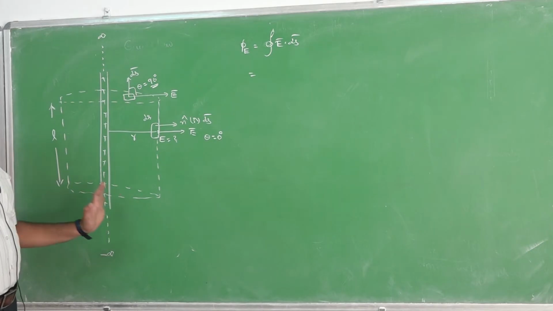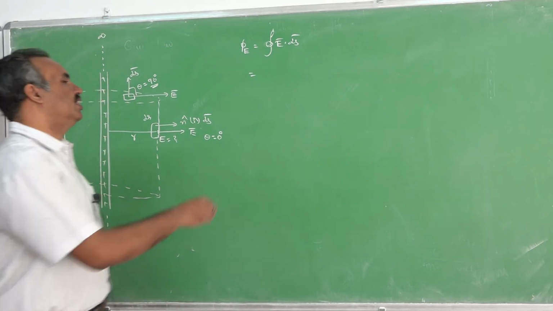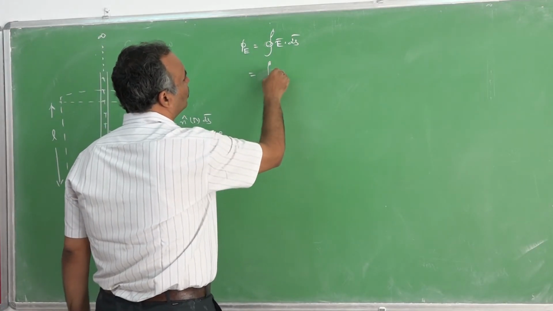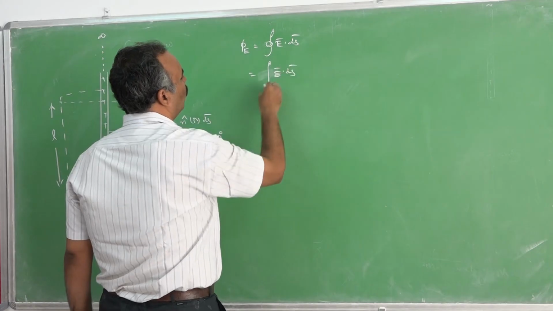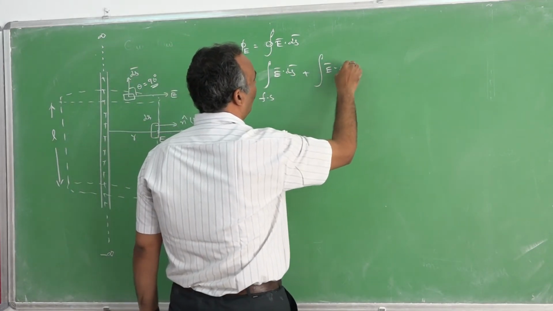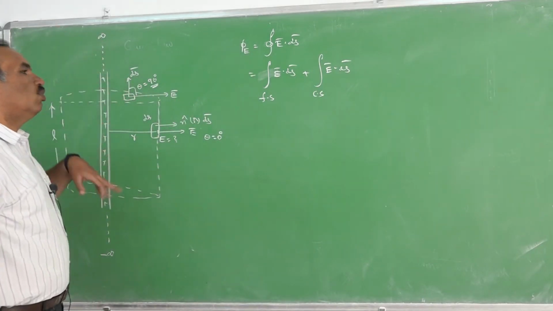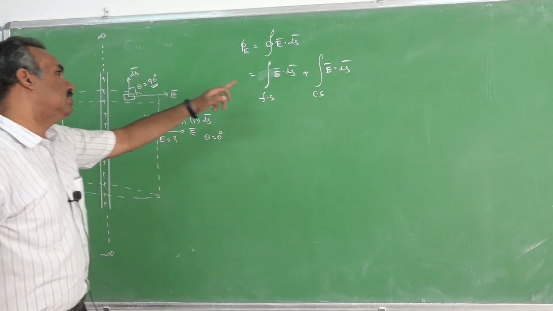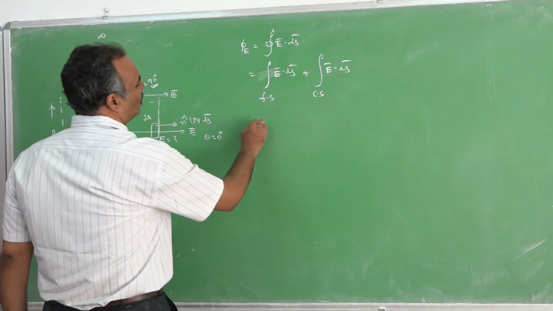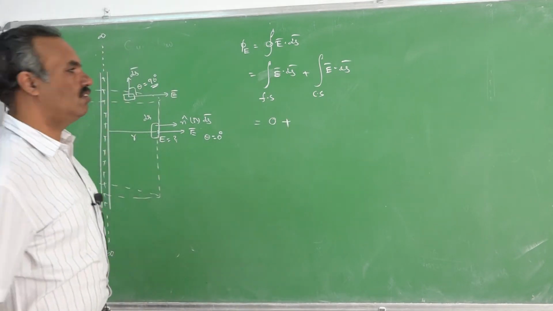If I consider this cylindrical Gaussian surface, it will have a curved surface area as well as flat surface area. So, the closed integral can be split into two parts: integral E bar dot ds bar over flat surface plus integral E bar dot ds bar over curved surface. Through the flat surface no flux will flow, since if you take E ds cos theta, cos 90 is 0. So, the flux passing through the flat surface is 0. So, the entire flux is passing through the curved surface.